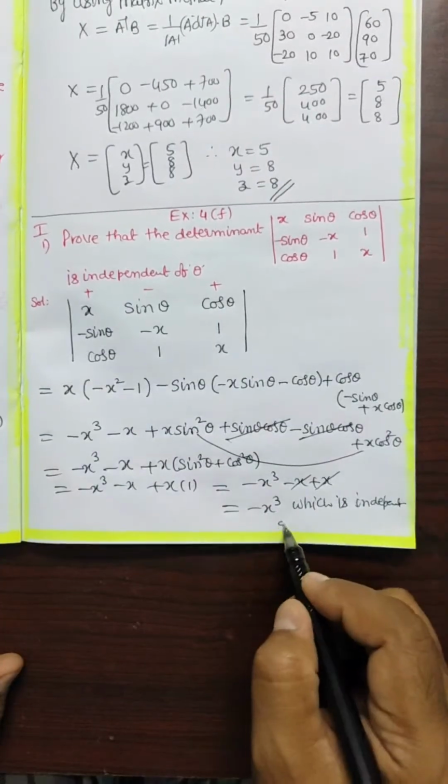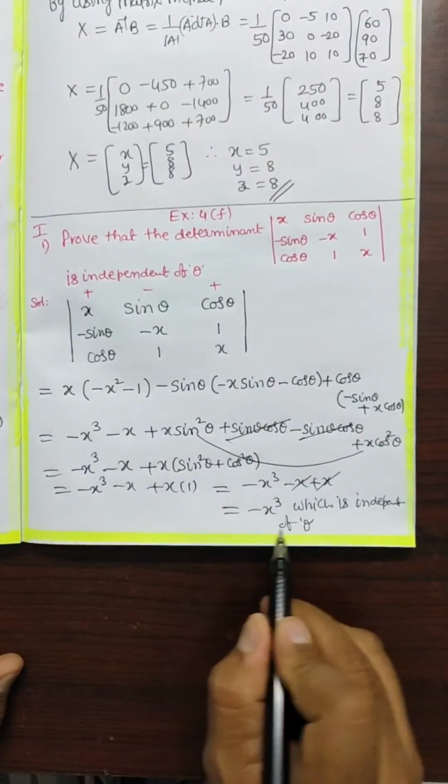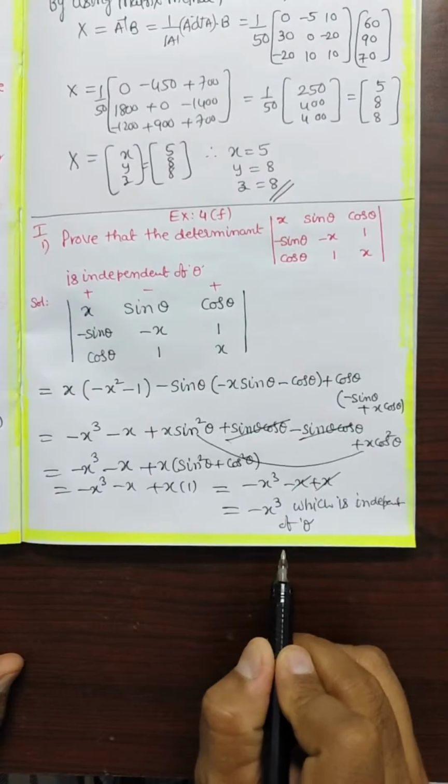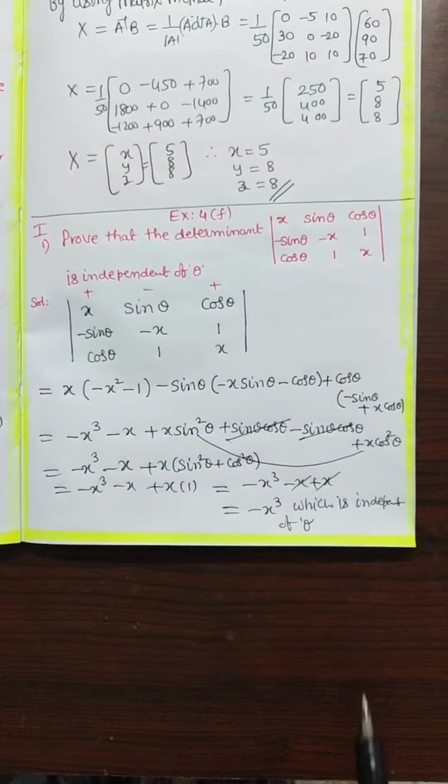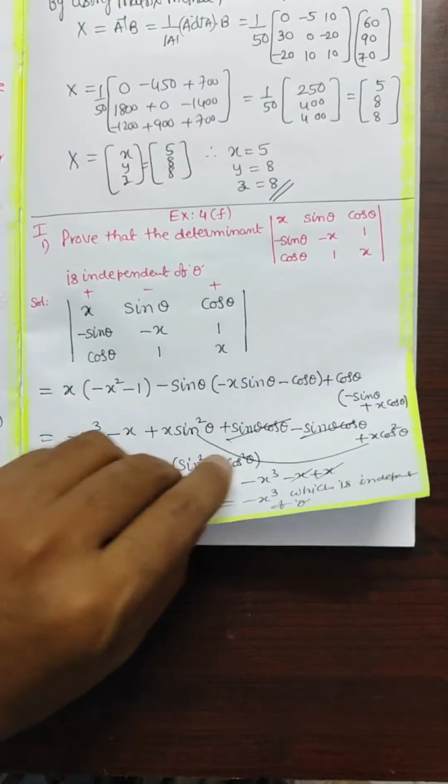Independent of theta means it does not contain any theta value. Okay, dear students, I hope you understand. We proved it. We'll move on to the next question.